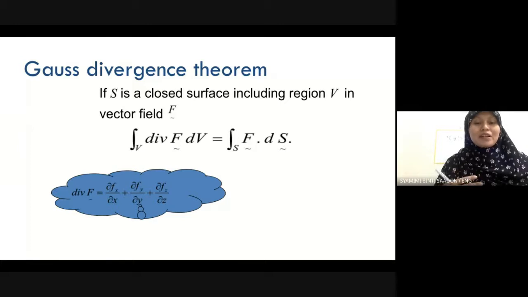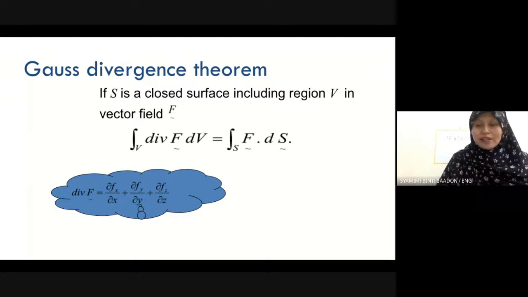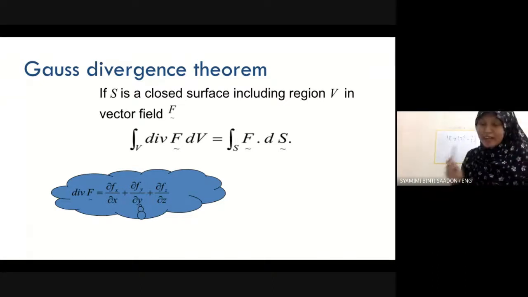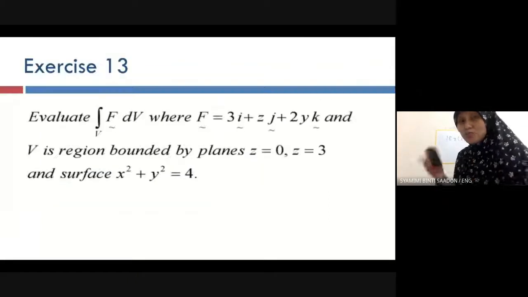And lastly, we have these theorems which prove that the divergence is equal to the dot product, etc. So just to summarize, my slides are finished, but let me summarize what we have learned today.